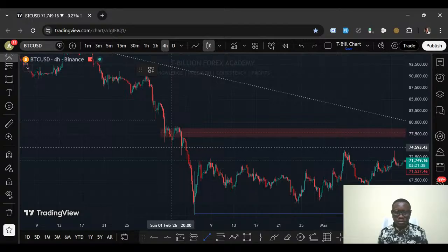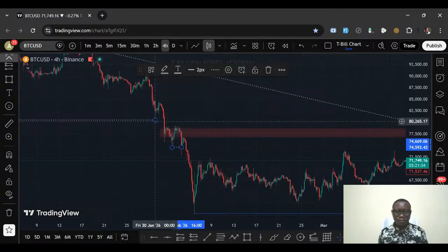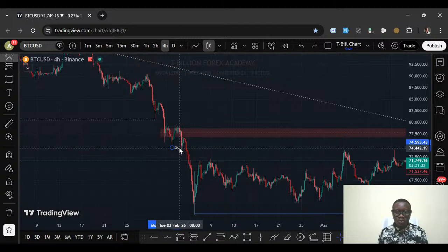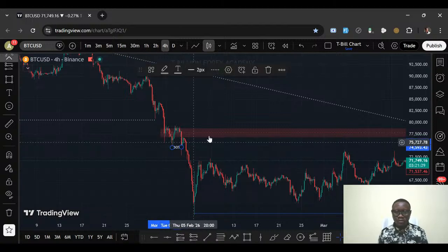Let's try and wrap this up quickly. So we have this break of structure on the 4H time frame.